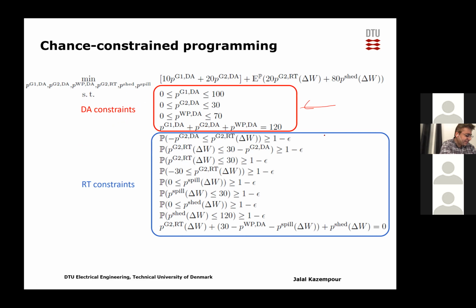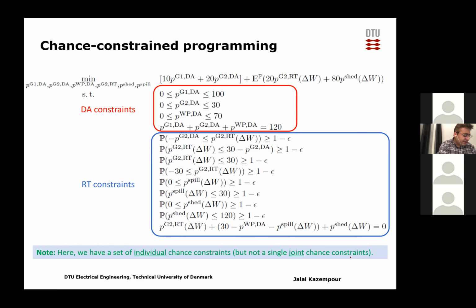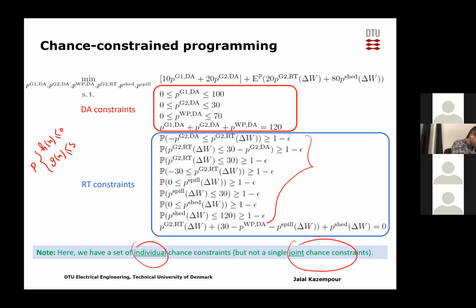And then again, we have day-ahead and real-time constraints. And remember, for all our inequalities, we have one chance constraint per operational constraint. We will call it individual chance constraint. You could also think of joint chance constraints. For example, if you have the probability of two constraints, h of x is lower than or equal to 0, and g of x is lower than or equal to 5, the probability of these two constraints together being held should be greater than or equal to 1 minus epsilon.